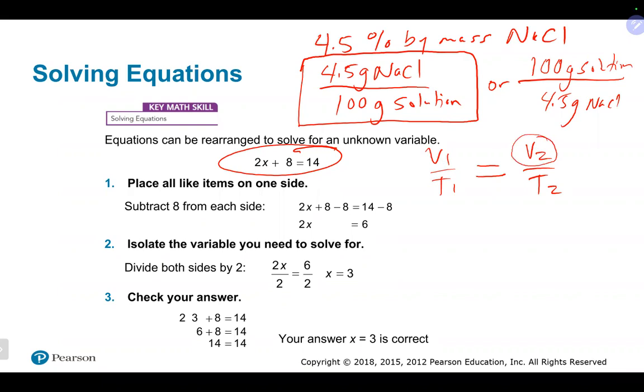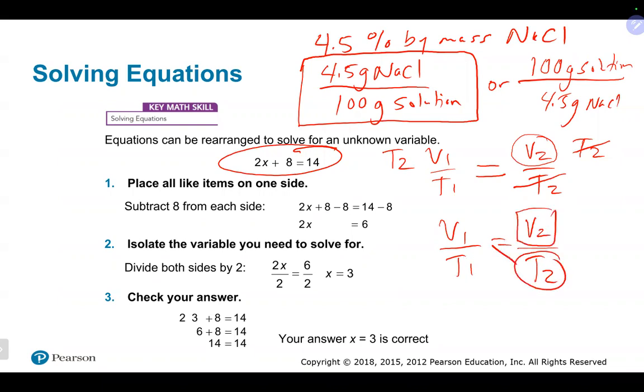In this case, what you technically would do, mathematically speaking, is multiply both sides by T2. Those guys would cancel, and you would end up with V2 is equal to T2 V1 over T1. The quick way is basically just move things to the opposite location. So I want to solve for this guy, which means this guy needs to move. He just moves across location. He's on the bottom on the right. He ends up on top on the left.